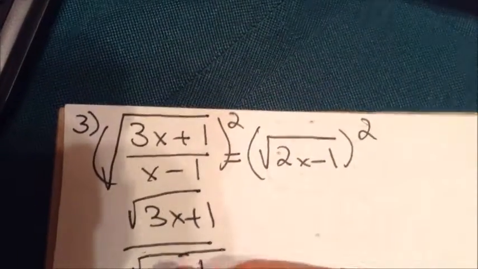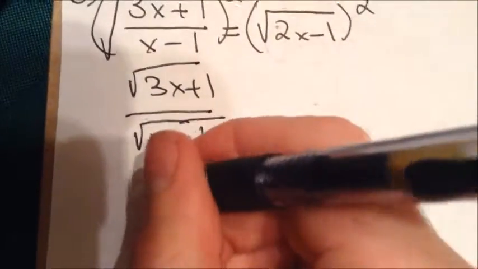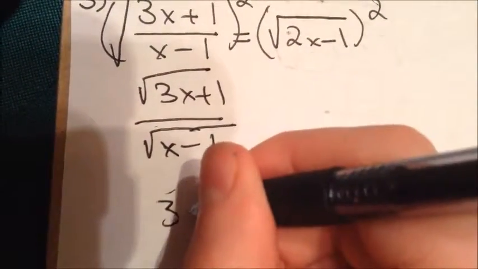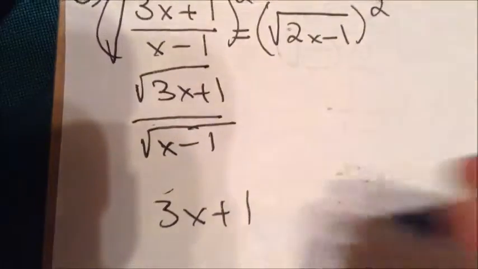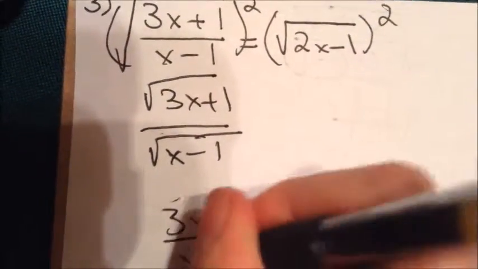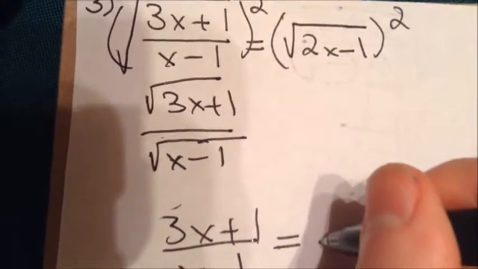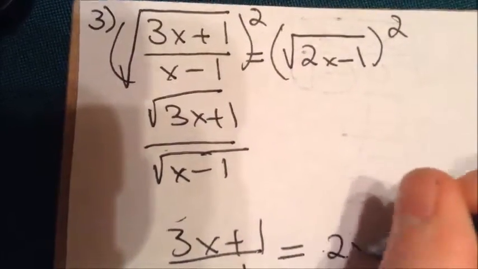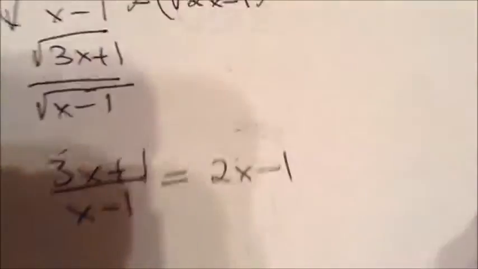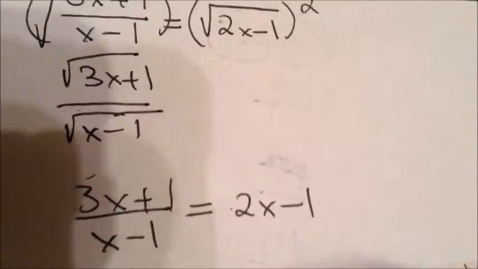But we go from there and we get 3x plus 1 over x minus 1 equals 2x minus 1. From there we solve.